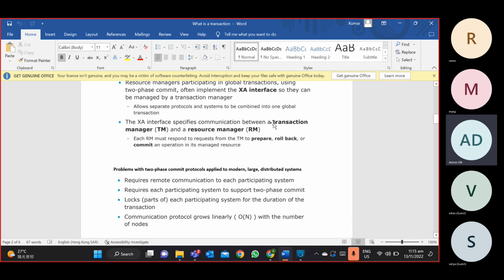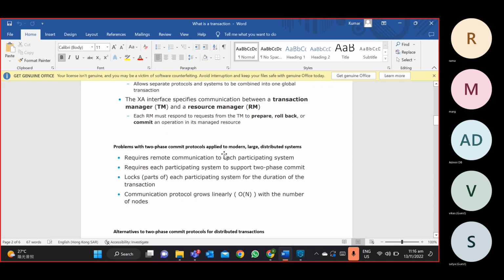As I mentioned, this transaction manager will control and manage everything. So what phases are involved here? Prepare, rollback or commit.